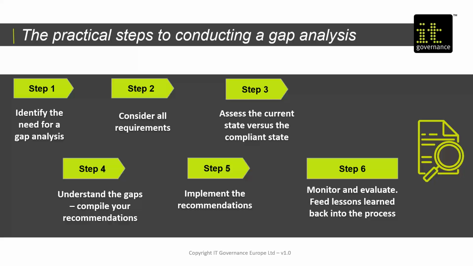Step 5 then revolves around implementing the recommendations. So all findings or recommendations from a gap analysis should be fed into a recommendation tracker or a similar document. Owners should be assigned and completion due dates agreed. The due dates should be selected based on the level of priority of the recommendation.